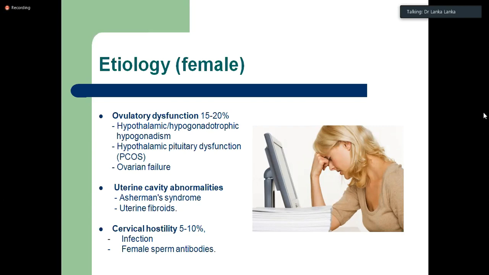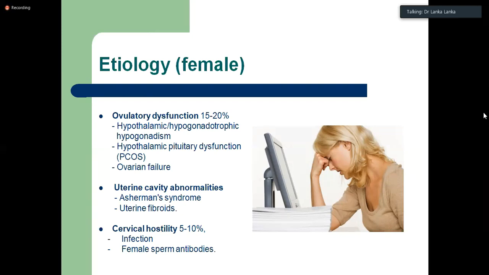Ending of ovarian reserve before the age of 40 is called premature ovarian failure. So then the ovaries fail, so they don't produce gametes, or infrequently produce gametes. One example is Turner mosaic. So they initially produce gametes, later on they don't.